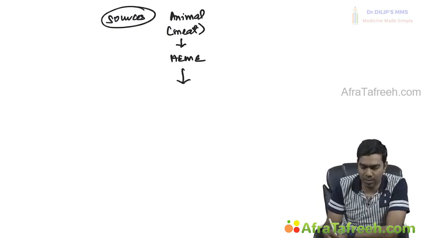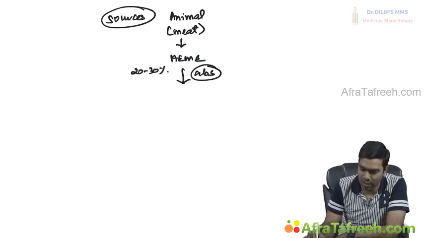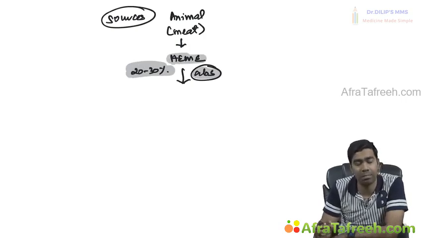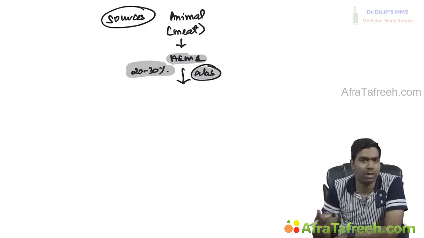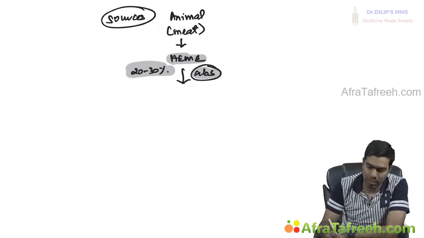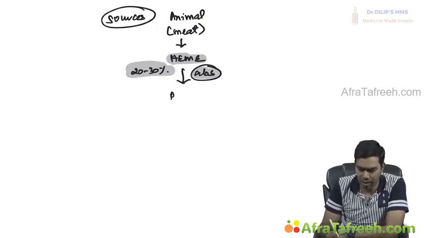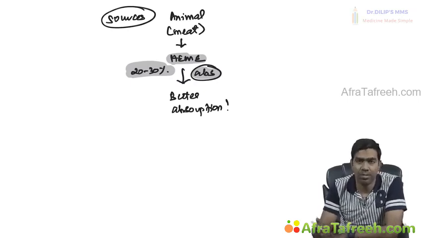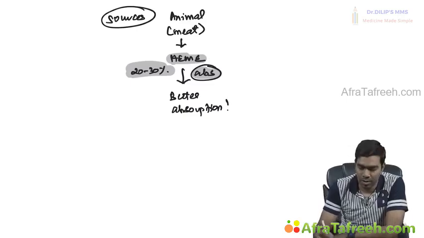Approximately 20 to 30% of heme iron can be absorbed, which is much higher than your routine average absorption of 10%. So heme iron is better absorbed, because we have separate heme transporters, which we'll discuss in the subsequent minutes.